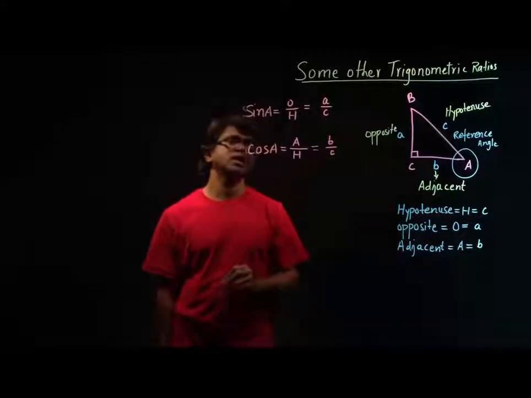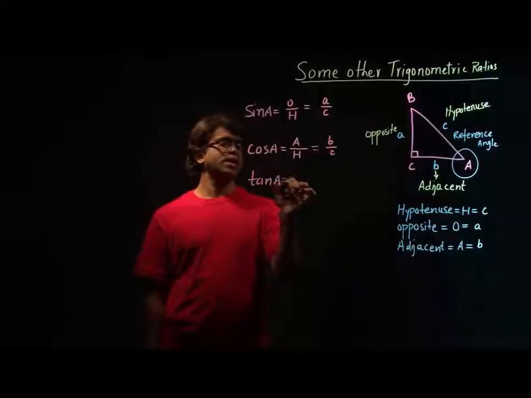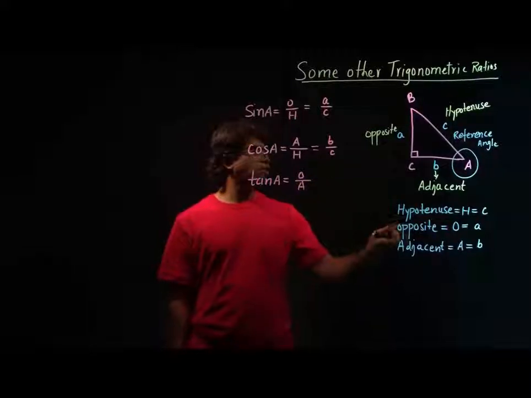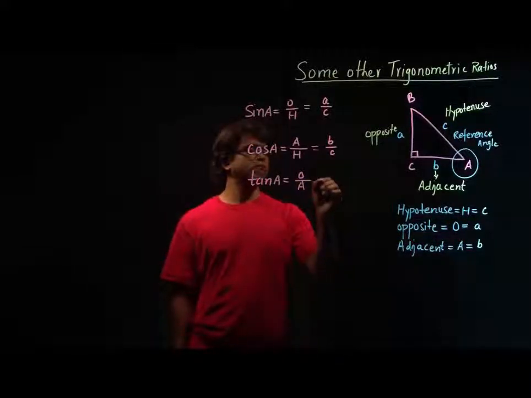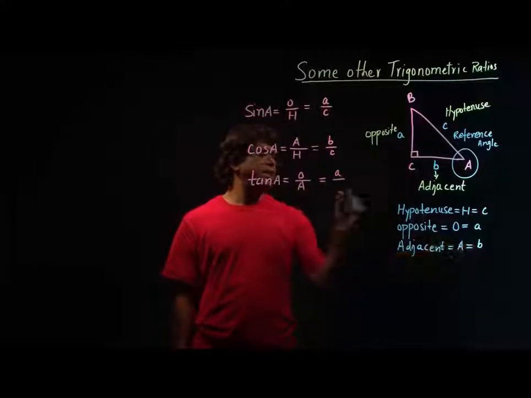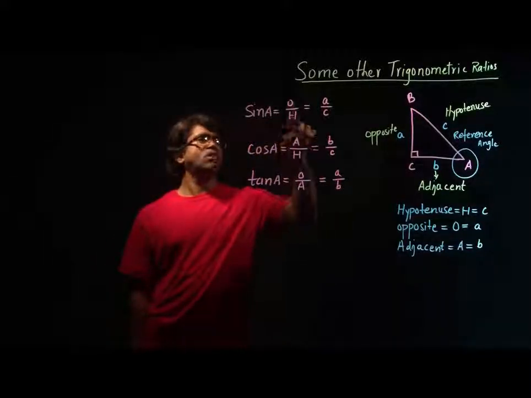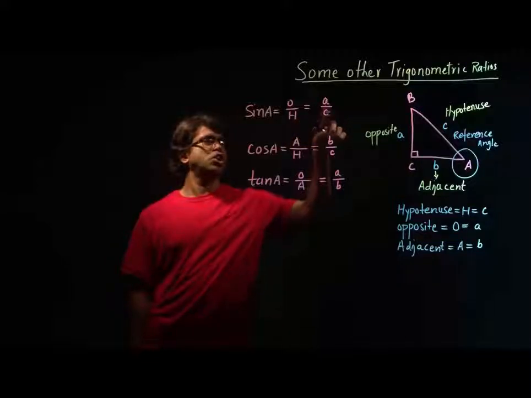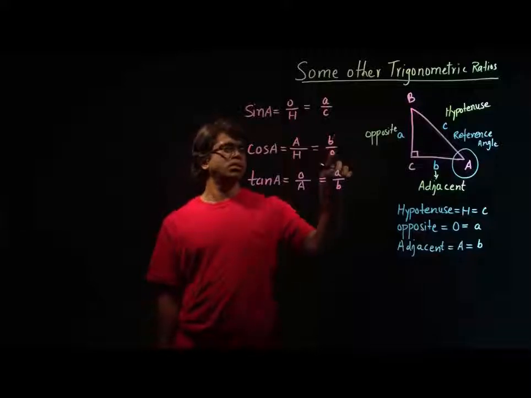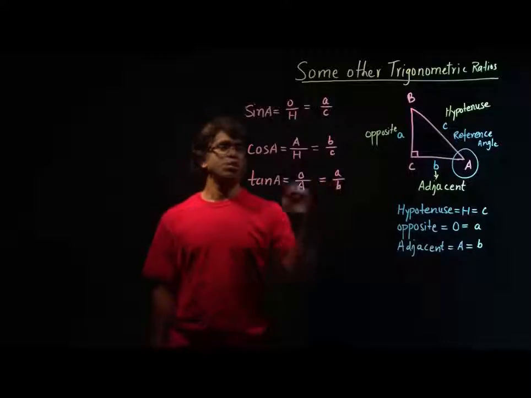The last thing that I had was tangent A, and tangent was opposite over adjacent, so a over b. So sine is a over c, cosine is b over c, and tangent is a over b.